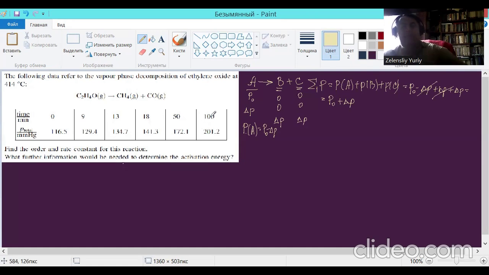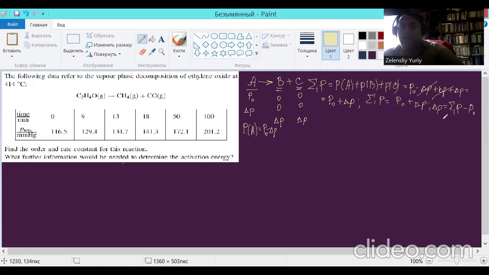Okay, now let me rewrite it so that it can be seen more clearly. From this equation, we can write that delta P is equal to sigma P minus P0.